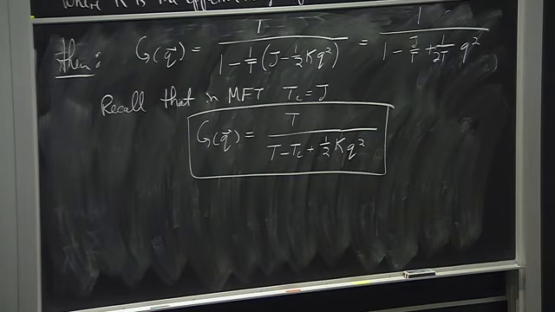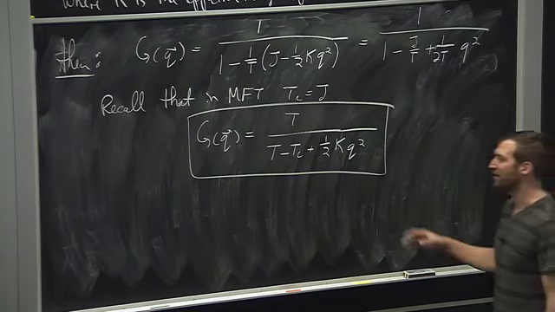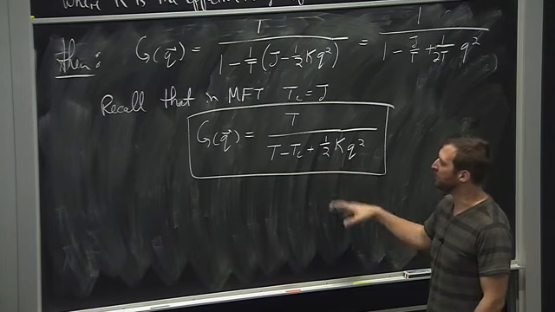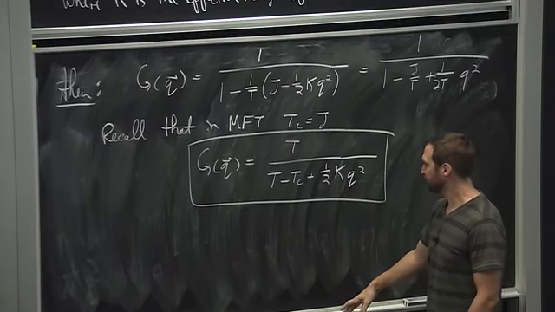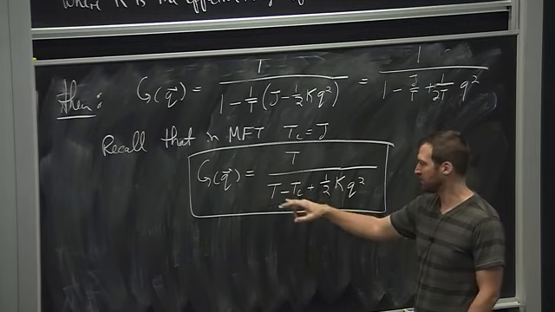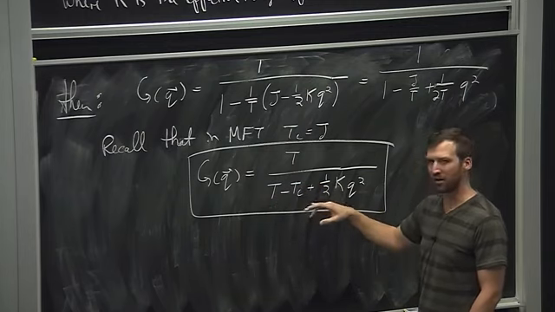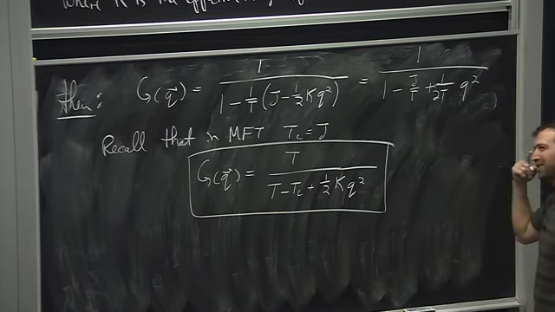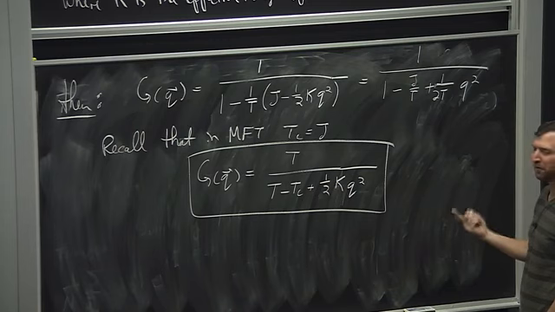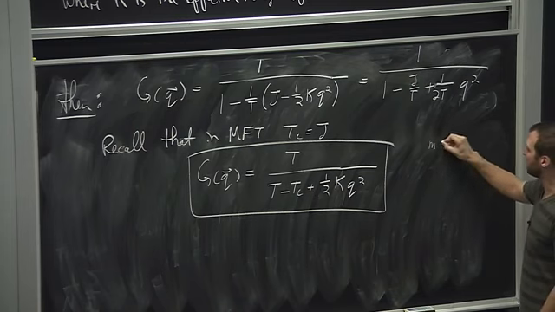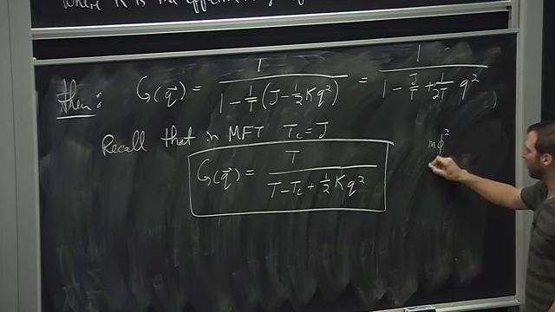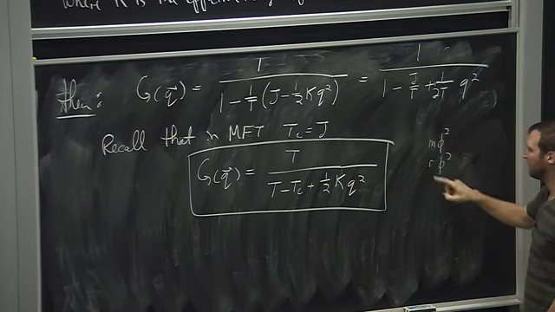That's something I derive every year in a different way, in a different class. It's the propagator for the Gaussian field theory, if you will. This is like your mass term in the field theory language. This is the term in the phenomenological Landau theory, the one we developed, that couples to the field squared. So sometimes it's called a mass, or r sometimes in Landau theory.